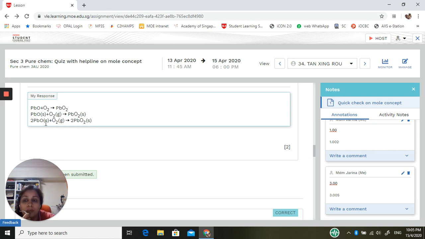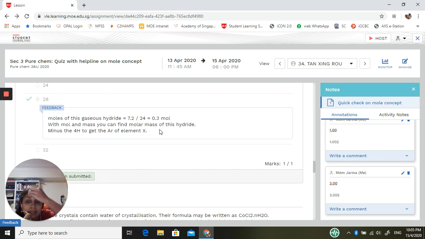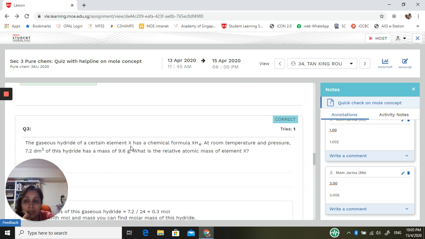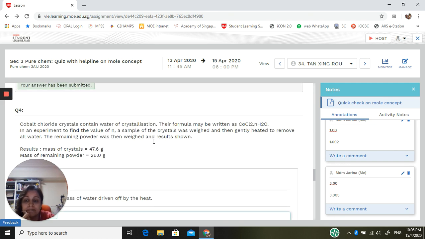And then you balance the equation in solid, gas, solid. Okay, I think this one I will skip because the reason was given. I think the most common error was this. You got 32, but the question was AR of element X, so you need to minus away the 4 hydrogens. So that is why the answer is 28.